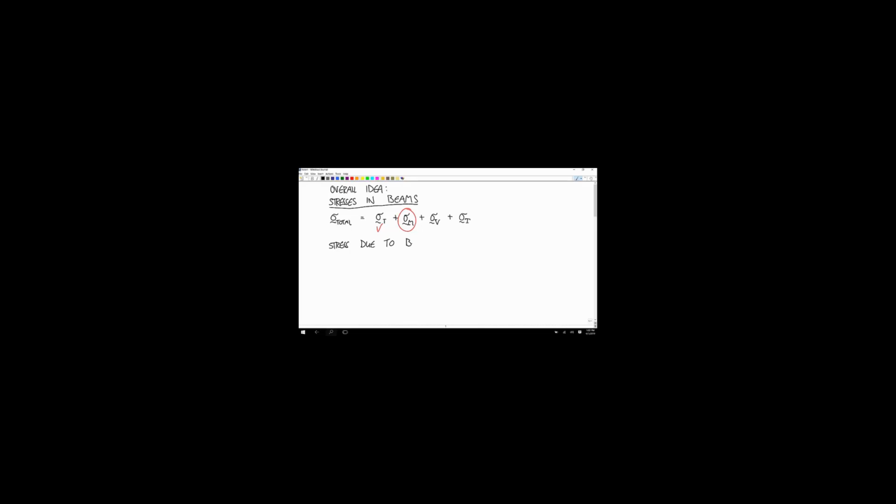So stress due to bending moment. And the type of stress is the X normal stress.